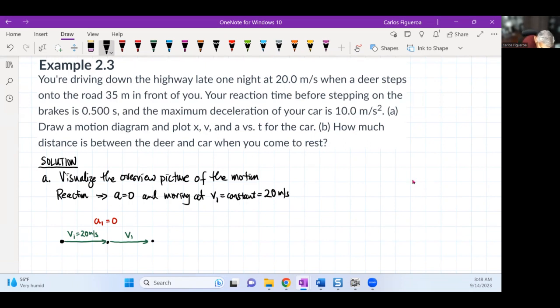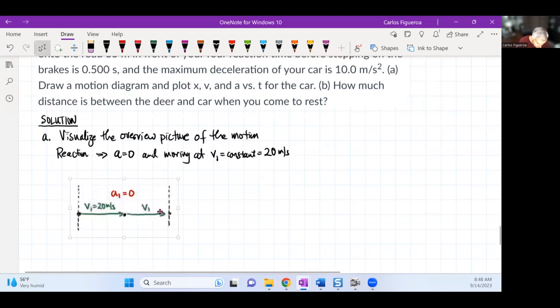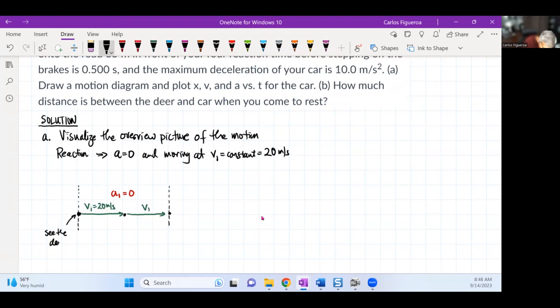And then what happens here? Maybe I should draw this differently. I'm going to move this over a little bit, in fact, I'm going to move it down. This point here is where you see the deer.